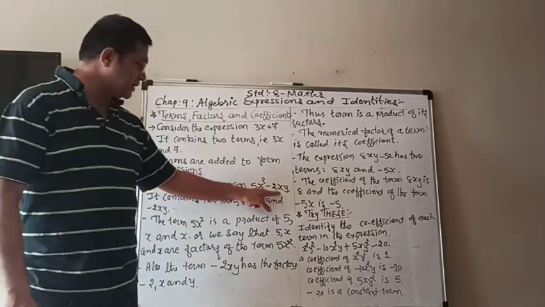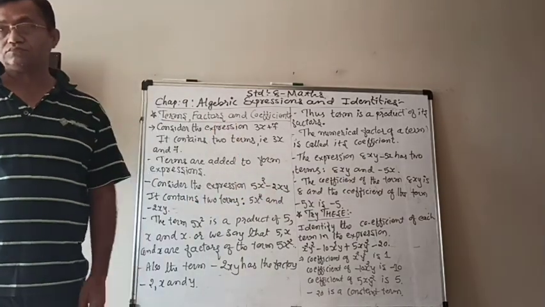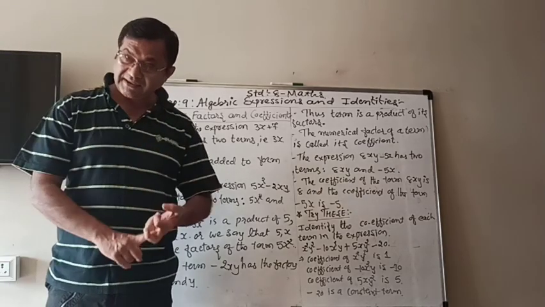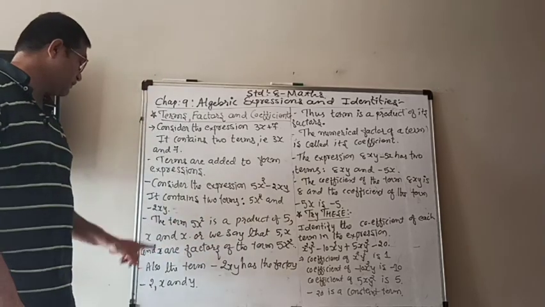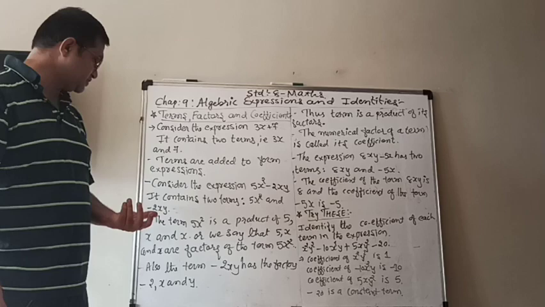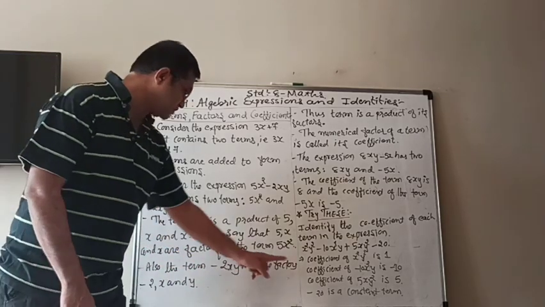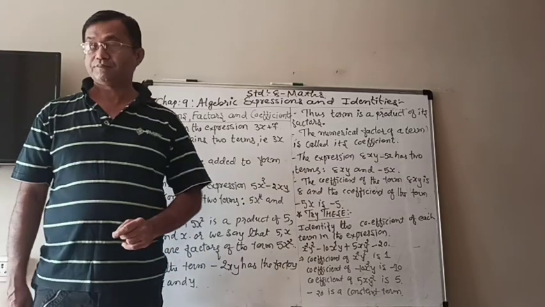Similarly, which is the second term? Minus 2xy. It is a product of minus 2, x and y. It means that minus 2xy has the factors minus 2, x and y.